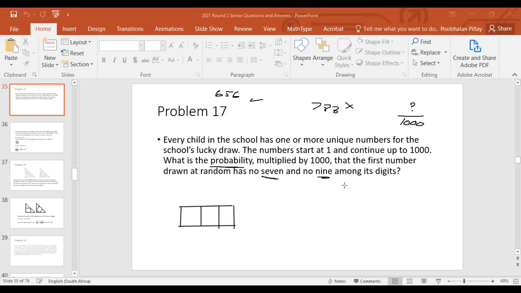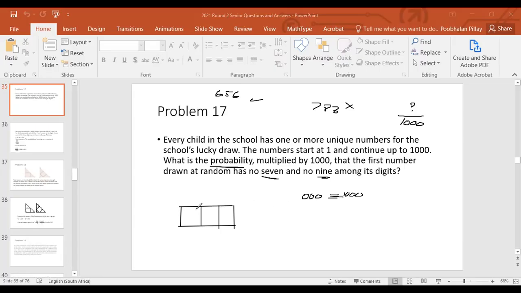But maybe I can think of 000 as being 1,000. Then in that case, I can just think of 000 as representing 1,000, right? So I'll include 000 in this count.